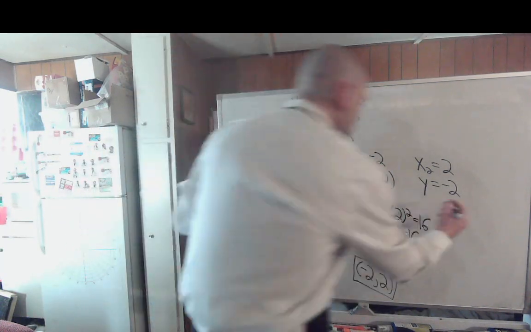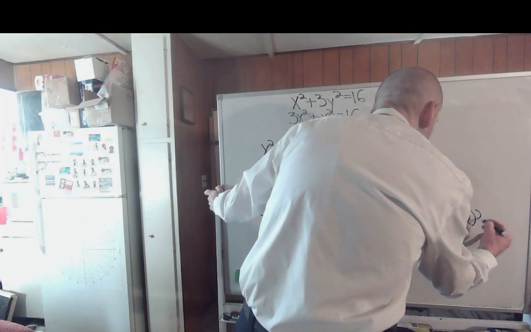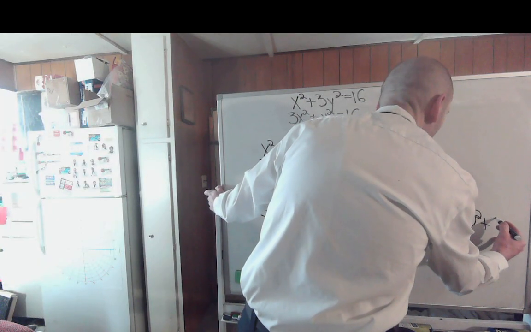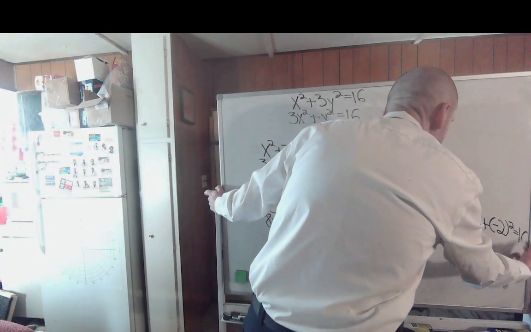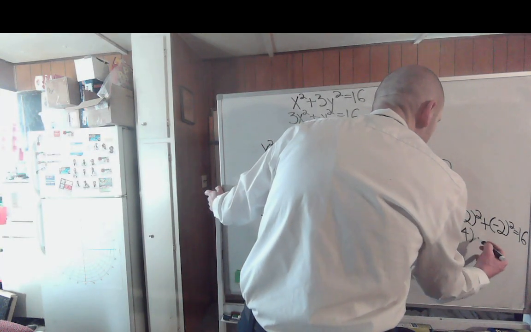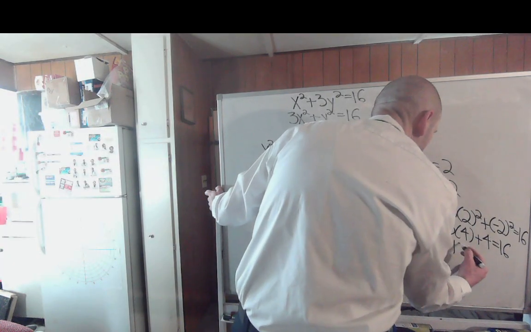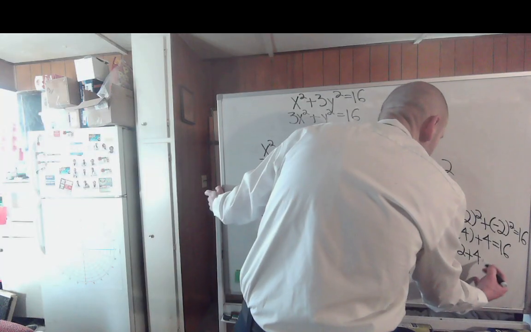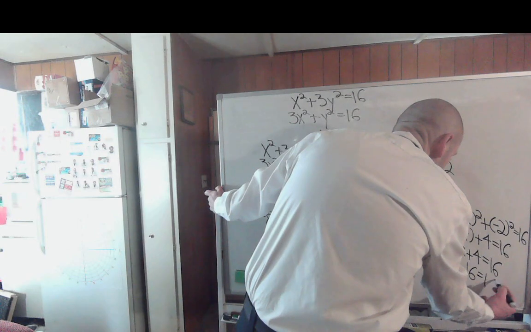So if we take 3 times that x2 of 2 to the second power plus our y of negative 2 to the second power, set that equal to 16, you'll end up getting 3 times 4 plus 4 equals 16, which would give you 12 plus 4 equals 16, and 16 equals 16.